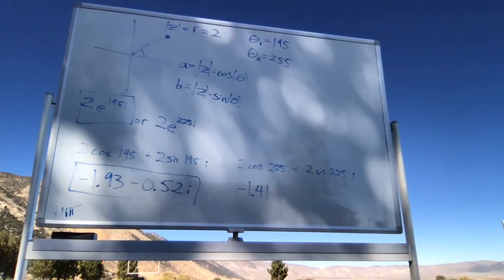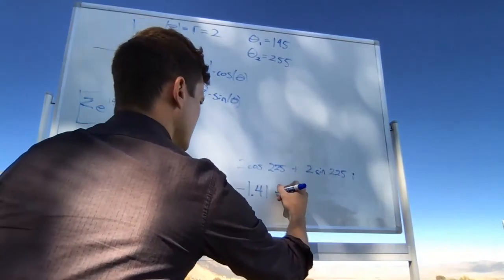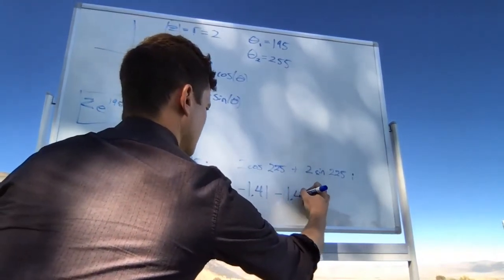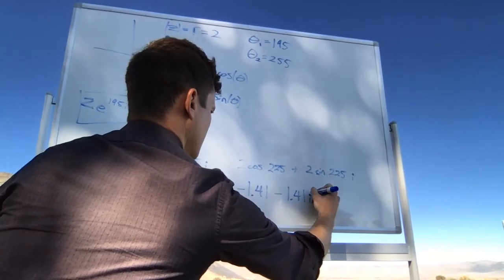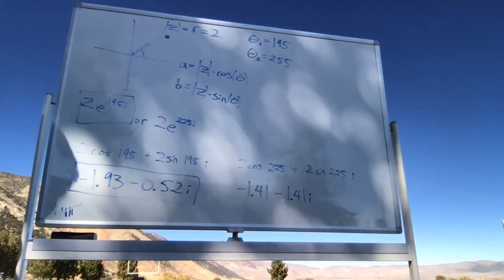And someone else, 2 sine of 225. Same. So negative 1.41 minus 1.41i.